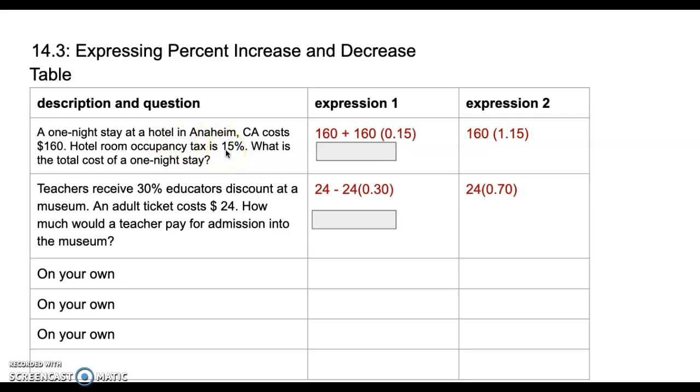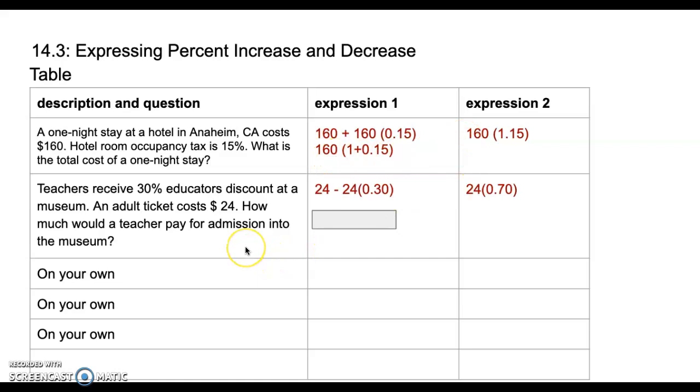So what's going to be your total cost? So this is how you would do expression 1. And I showed how you could factor out the 160 here and how then you're left with 1 plus 15 hundredths. So this right here more or less shows you how you get to expression 2. So this is expression 1, what I'm showing here, and then the second step gets you to expression 2.